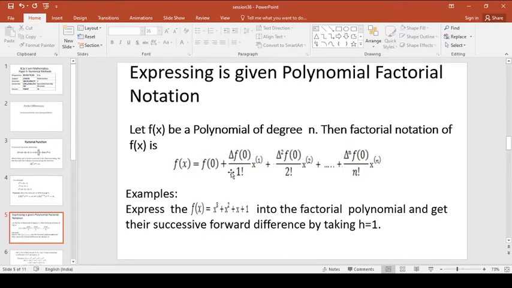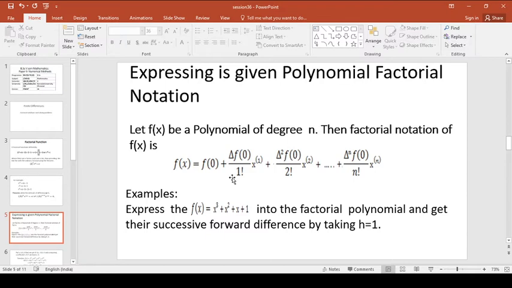That is, f of x is equal to f of 0 plus first forward difference of f of 0 into x raised to 1 divided by 1 factorial, plus second forward difference of f of 0 into x raised to 2 divided by 2 factorial, plus so on up to nth forward difference of f of 0 into x raised to n divided by n factorial. So we shall apply this for the following examples.